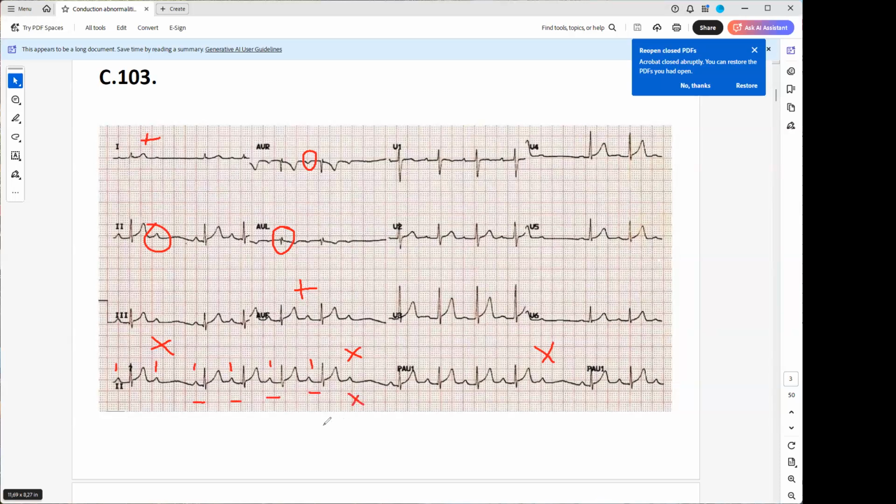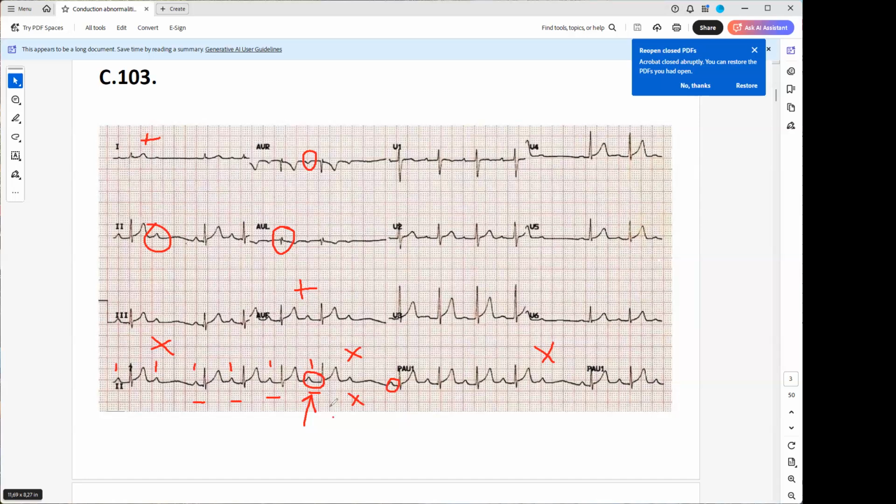Now, by definition, I urge you to use the following criteria. The last conducted PR, such as this, is longer than the first conducted PR, right? Because if you had a higher conduction rate, the elongation is very teeny tiny, so you could miss it.